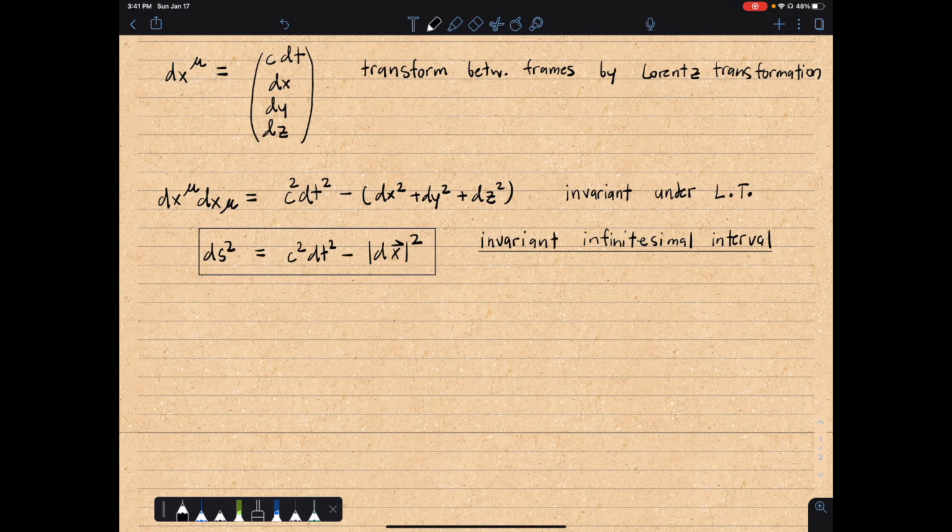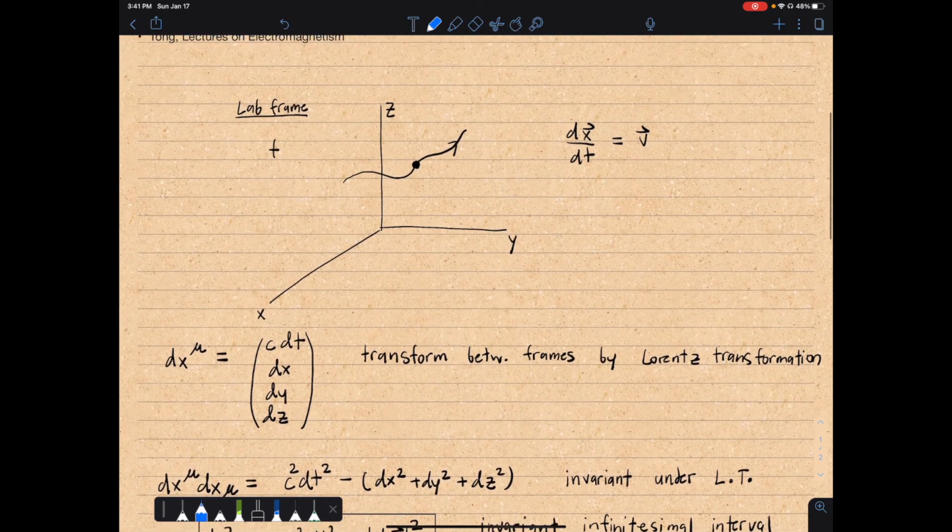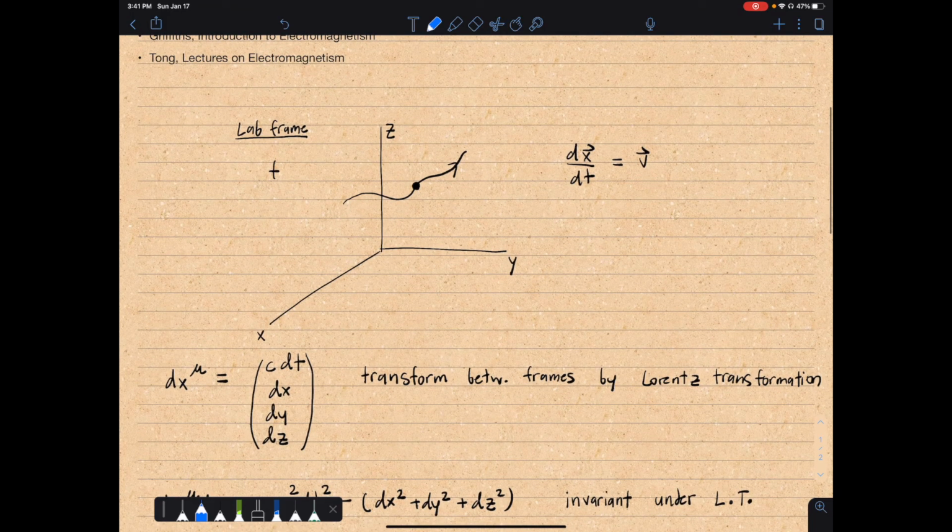So we're almost at the point where we can define the proper time, but before that, I'll go back to the figure that we started out with, and I'll define a second frame here, which is the rest frame of the particle. I'll call this frame S prime, and the coordinates will be x prime, y prime, z prime, and t prime.